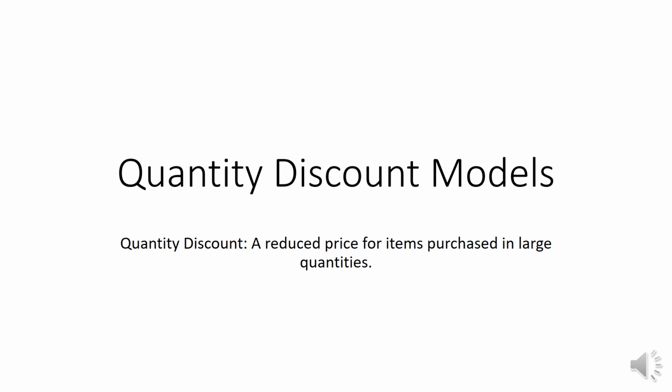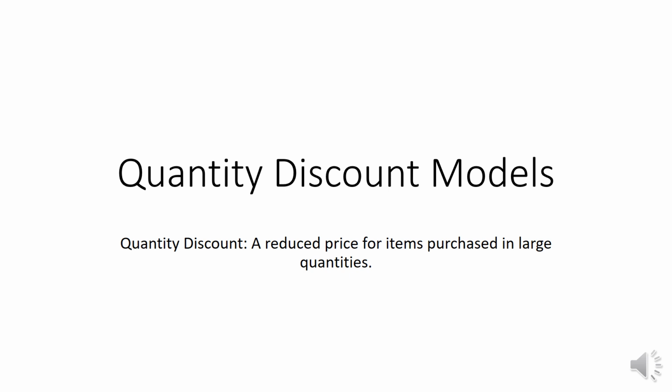Hi dear folks, today we are going to discuss the quantity discount models. The quantity discount model is one of the three models for independent demand. First is the optimum order quantity model, or economic order quantity model.